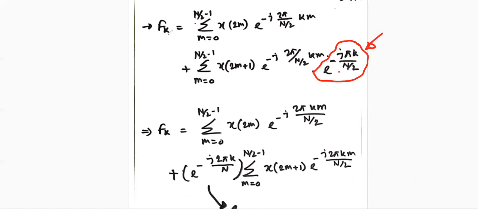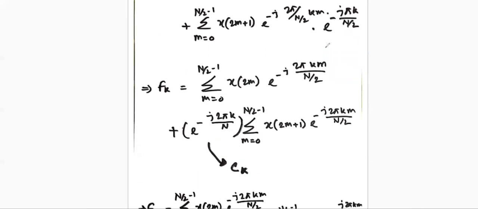It is only dependent on the value of k, and capital N is constant. So we can take it out of the summation, and that is logical. For a particular value of k, it is constant. Okay, we can define it by ck.